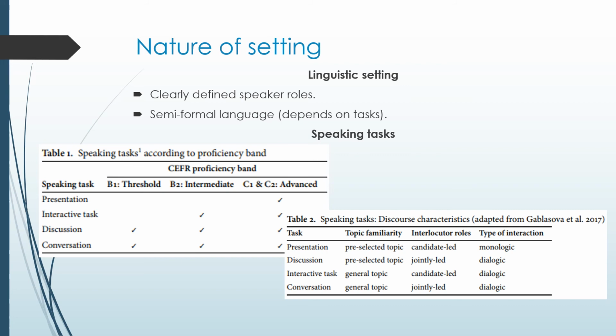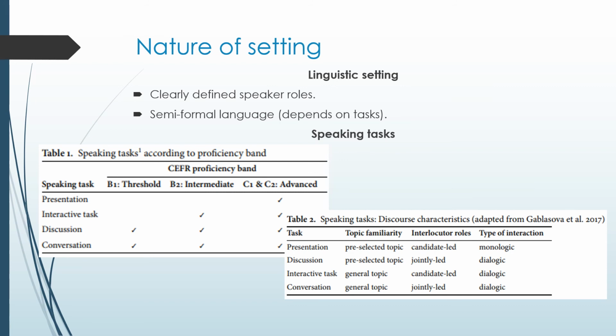In the second type of task, discussion, it was still based on the pre-selected topic, but the examinee was asked a bunch of questions based on their presentation. So again, it was based on what they prepared, but there were some specific questions based only on the material that was given by the examinee. So it was more of a dialogic task, not monologic.